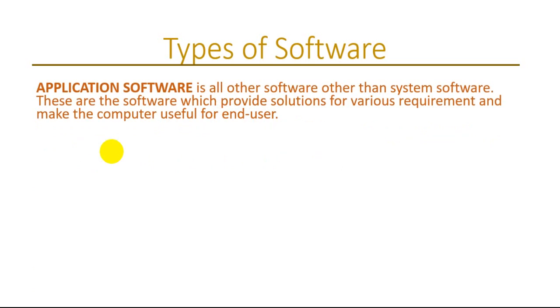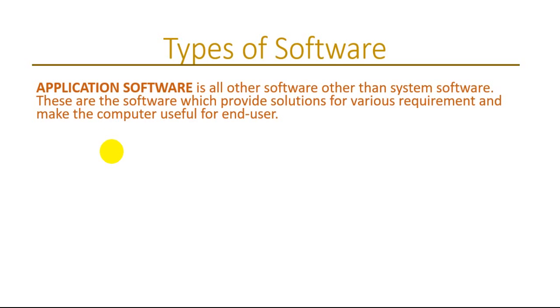So anything that comes other than the system software is referred to as application software, and these are the software which provide solutions to various requirements and make the computer useful for the end user. For you and me, the computer becomes useful not because of the system software, but without the system software, the computer won't function.